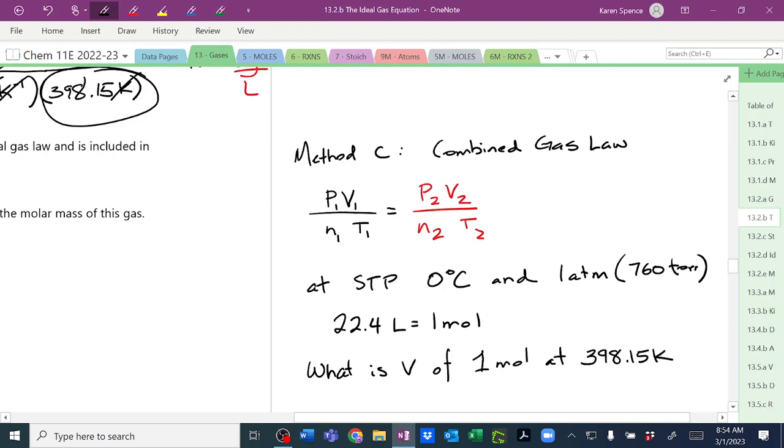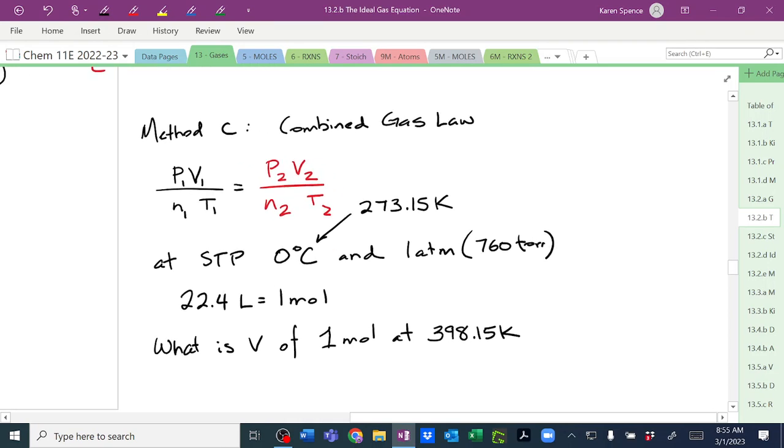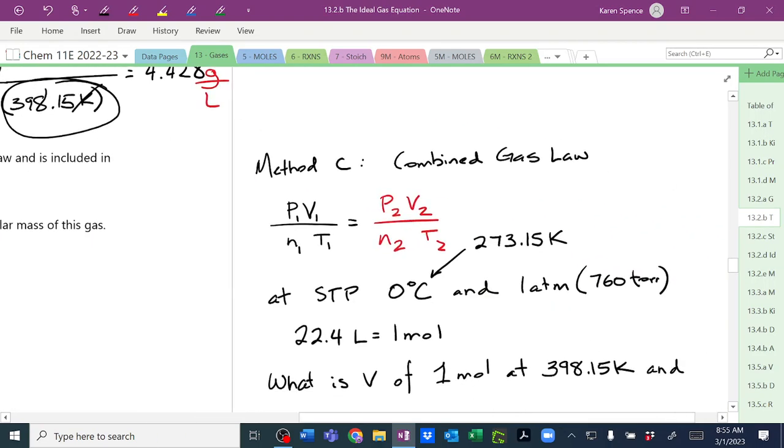Which means that our 0 degrees Celsius will have to be 273.15 Kelvin. And our pressure is not going to be 1 atmosphere. It is from the question, 714 torr.